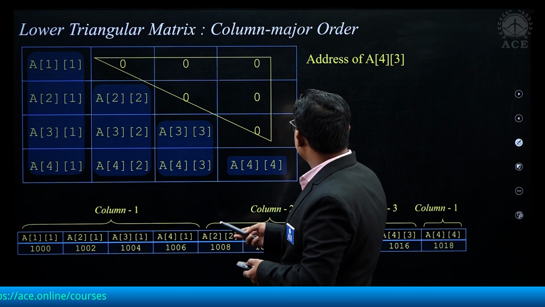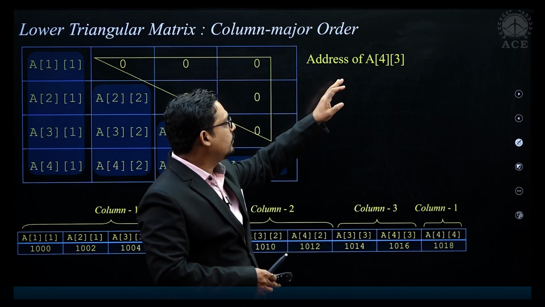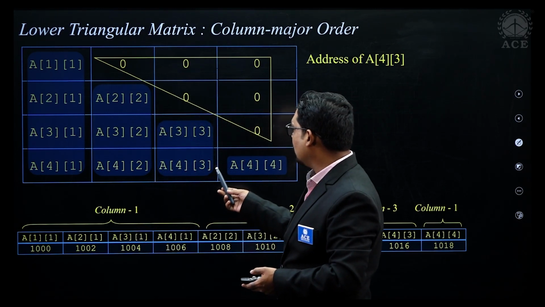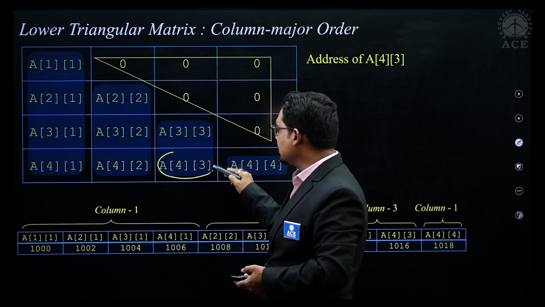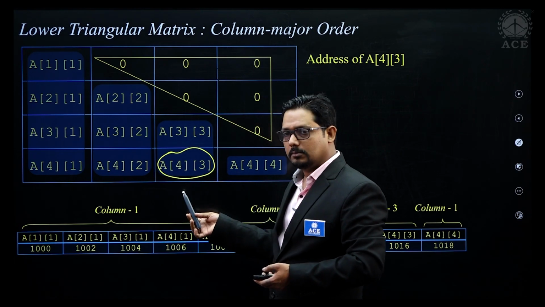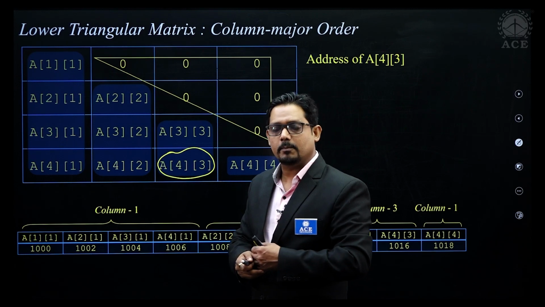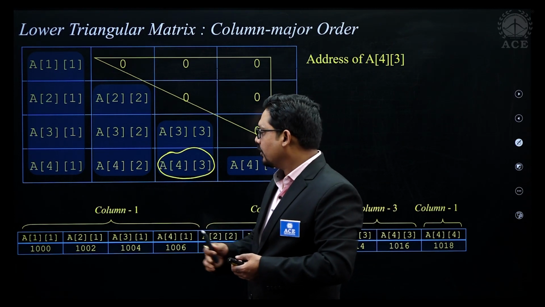As an example, I want the address of the 4th row and 3rd column. Because this is column major order and I am in the 3rd column, previous to this 3 minus 1, that is 2 columns, are already completed. How many elements are in them?